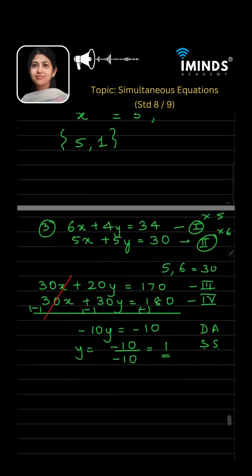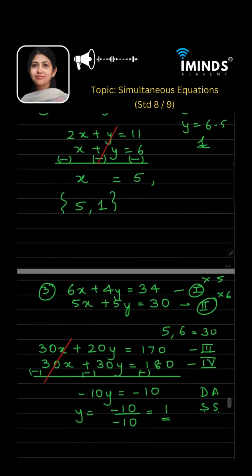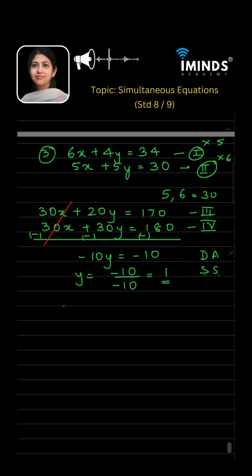Now we have to find out what is x. So x we can replace it in any of the equation and find out. So 6x plus, we are replacing in first one. 6x plus 4y, y is 1, is equal to 34.